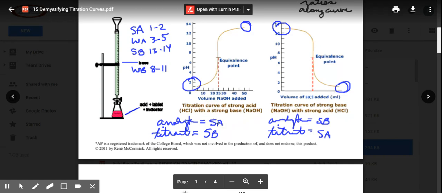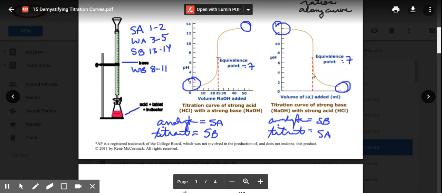When I have a strong acid, strong base, my equivalence point is always going to be a pH of 7, as long as both of them are your analyte and titrant. So the pH at the equivalence point is going to be 7.